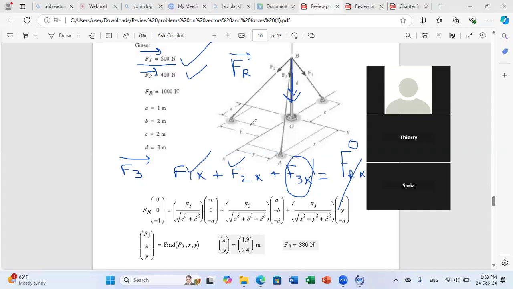So to be able to find my unknowns, I should find what is vector F1 first, what is vector F2, and vector FR I already know it because it's from B to O, along minus K, whose magnitude is 1000. So you can write that FR vector is just equal to minus 1000 along K.